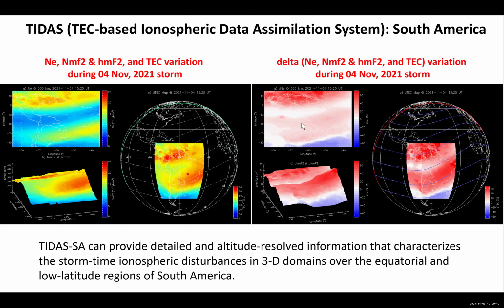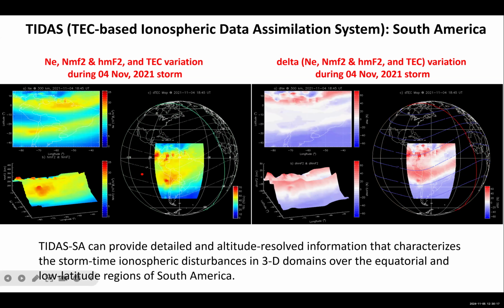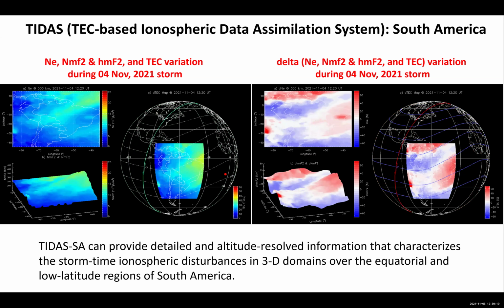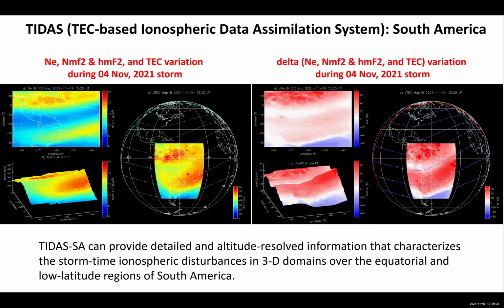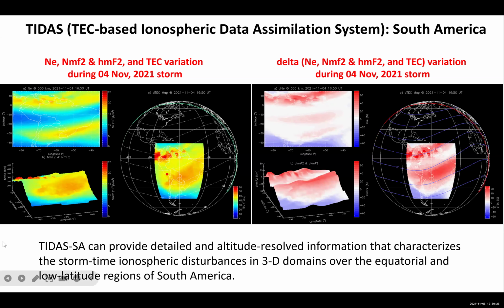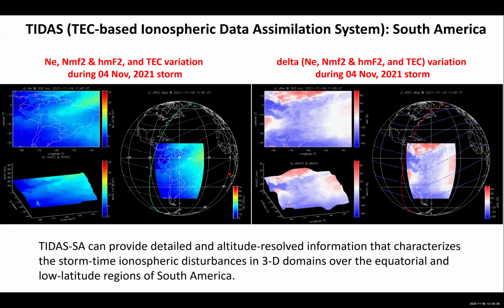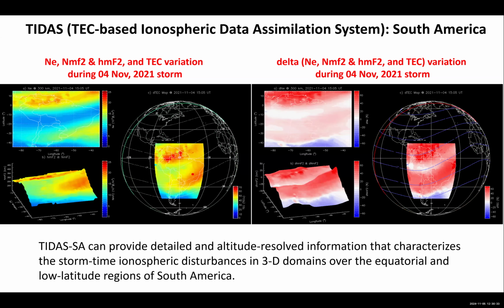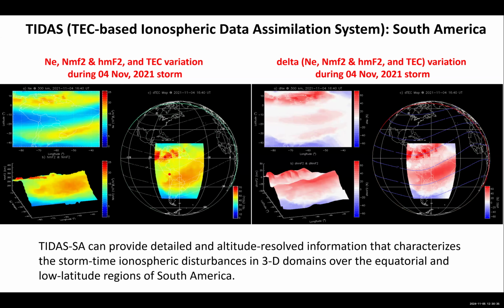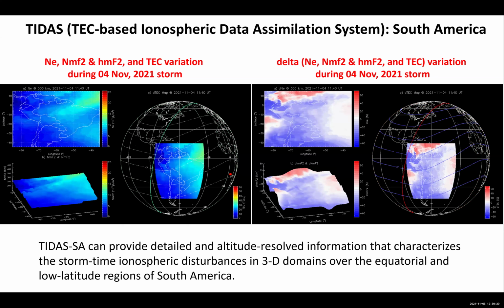So we saw this increased electron density distribution. Of course, there might also be some contribution from the neutral winds and the electric field. So what we saw is that TIDAS can provide detailed, altitude-resolved information to help us characterize the storm-time ionosphere variation in the 3D domain over the equatorial and low latitude regions.